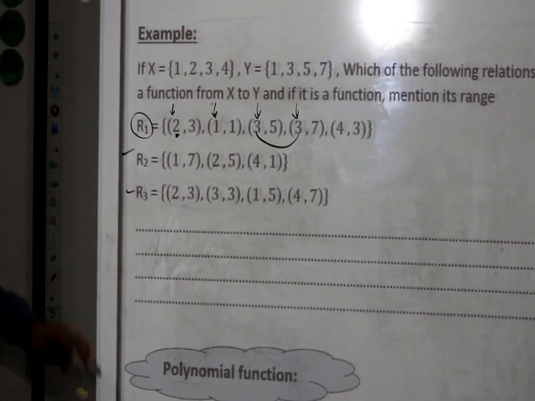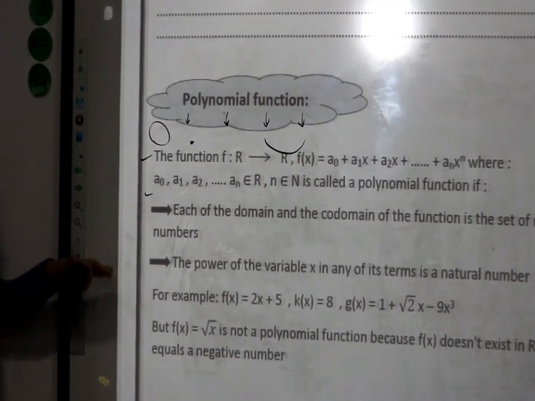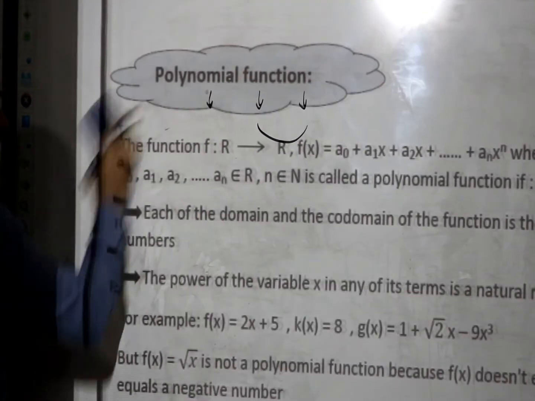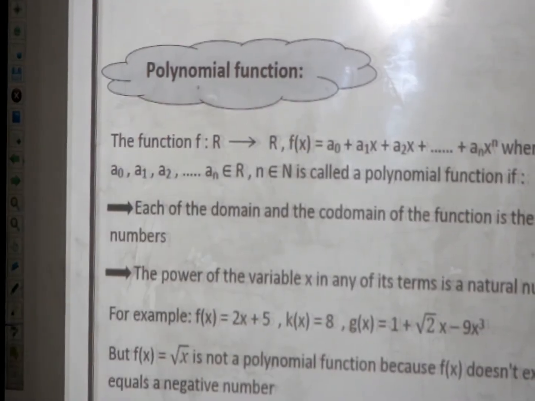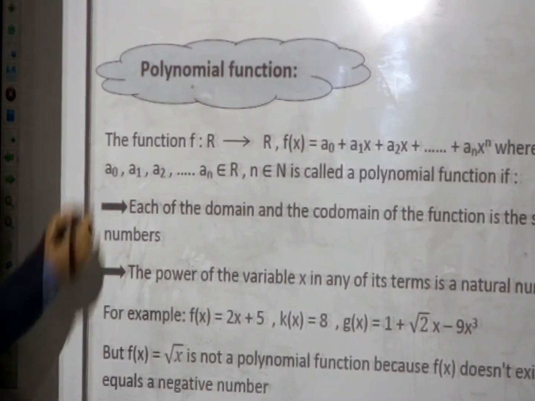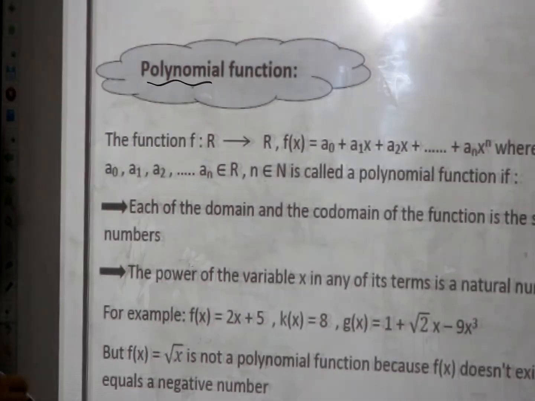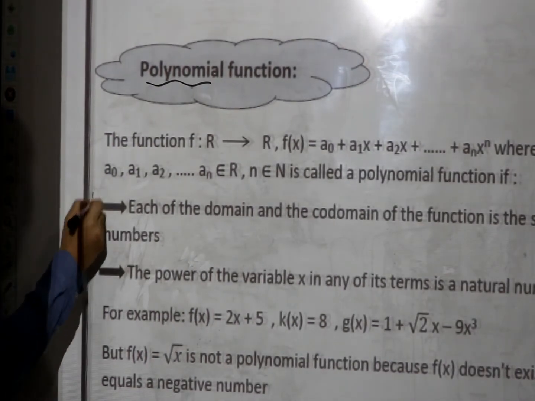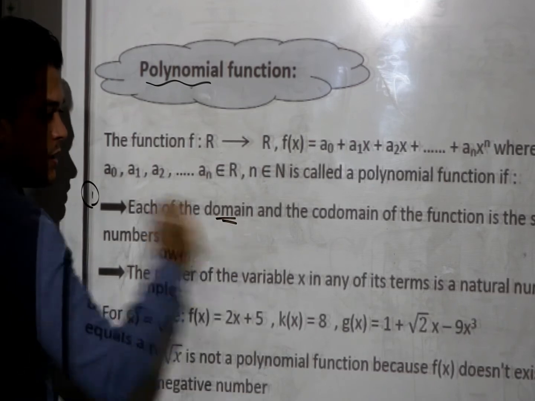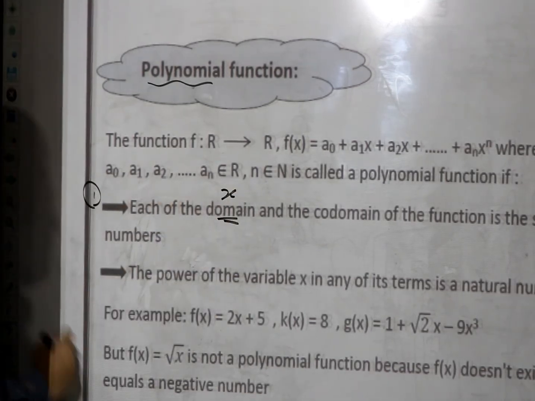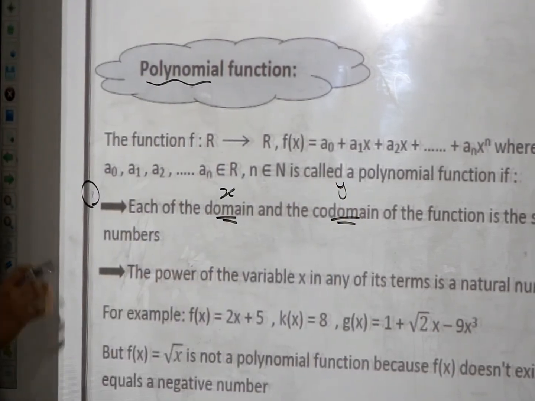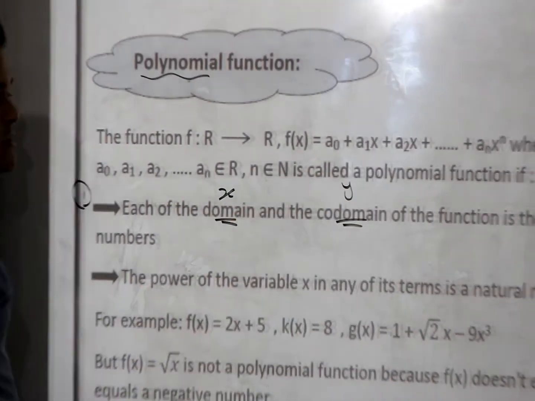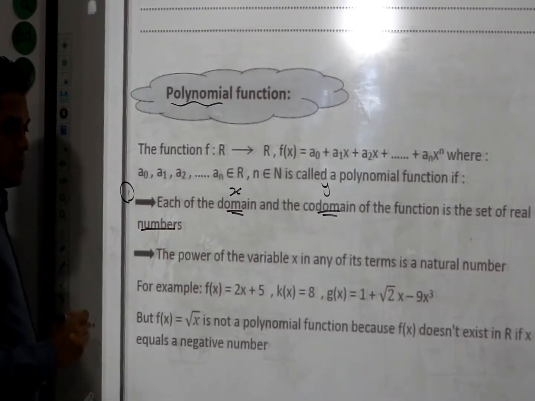After that we have the polynomial function. What is the meaning of a polynomial function? A polynomial function is a function, but we have two conditions to be a polynomial. Number 1, both the domain, the set of x, and the codomain, the set of y, are the set of real numbers.